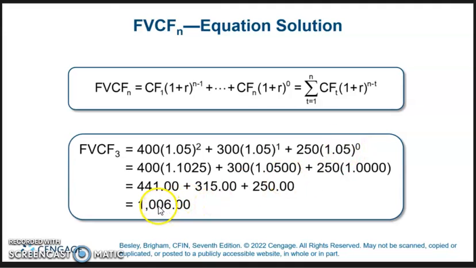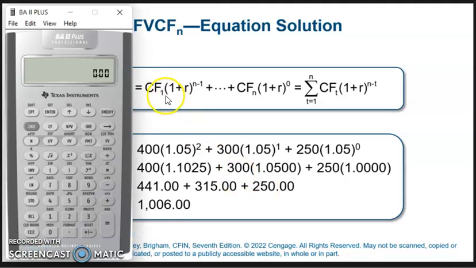So again, the $1,006. One of the reasons that the BA II Plus Professional is the required calculator for this course is some of the additional functions that it has, and there's one that I'm about to show you here.